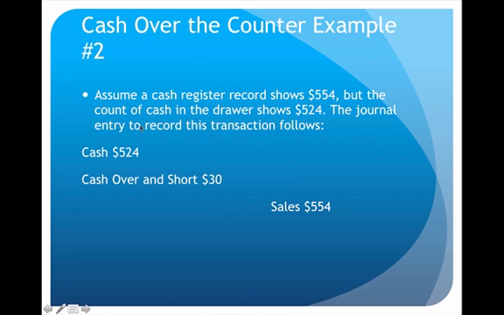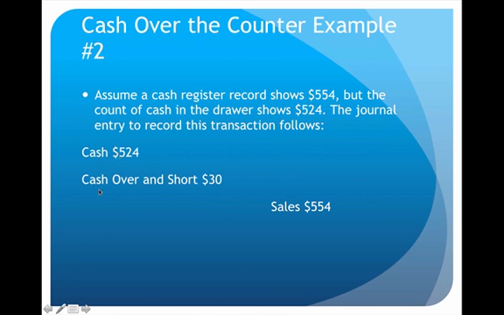So again, we have, just like last time, a debit to cash and a credit to sales, and we use the actual physical amount, which in this case is $524 for cash. We use what it should have been for sales, which is $554, and that difference of $30 goes to cash over and short, but this time it's a debit.